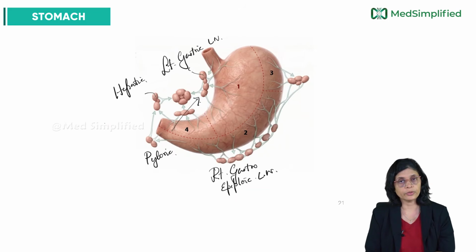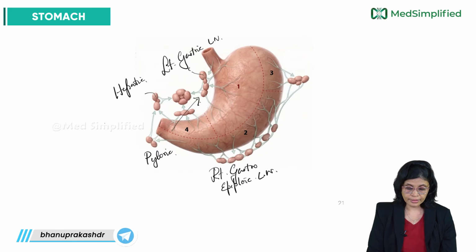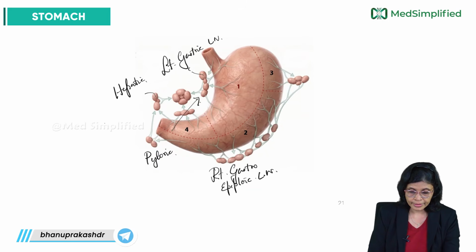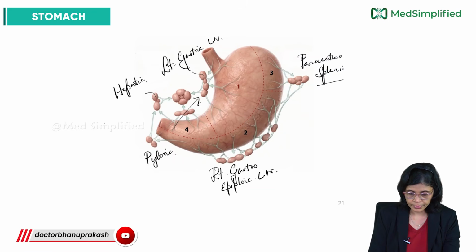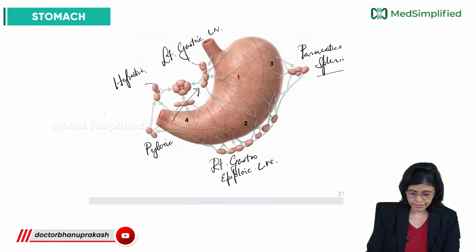So hepatic group, pyloric group and the left gastric lymph nodes, in the lower part. And in the upper 1/3 it goes to the pancreatico-splenic group of lymph nodes. So that is the main lymphatic drainage of the stomach.